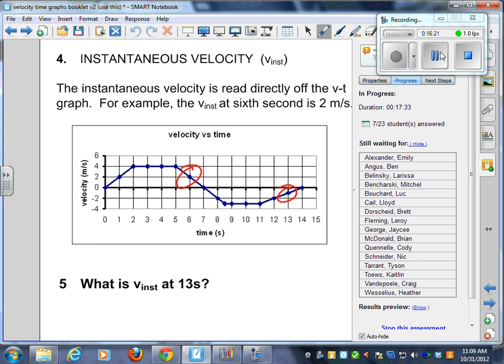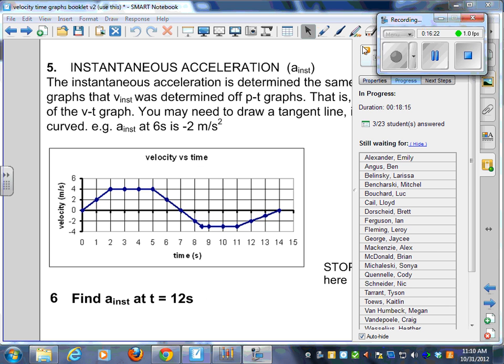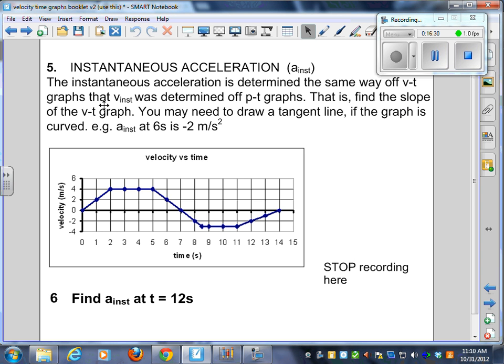All right, and the very last one, instantaneous acceleration. How fast does it accelerate? Instantaneous acceleration is determined the same way off a VT graph that the v-inst was determined off the position time graph. That is, find the slope. Acceleration is the slope of the VT graph. You may need to draw a tangent line if the graph is curved. Is the graph curved here at all? No, so we don't have to draw tangent lines, but if it was curved, we'd have to draw a tangent line.